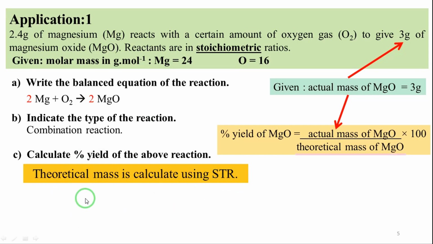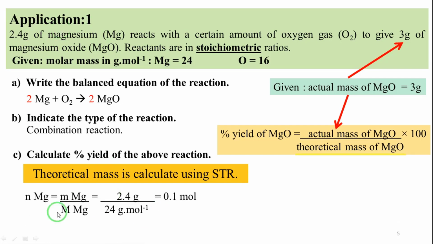Now, in order to use the stoichiometric ratio, we need to calculate the initial number of moles for magnesium first. So the number of moles for magnesium is equal to the given mass for magnesium, 2.4 gram, divided by its molar mass 24, so it's equal to 0.1 mole.